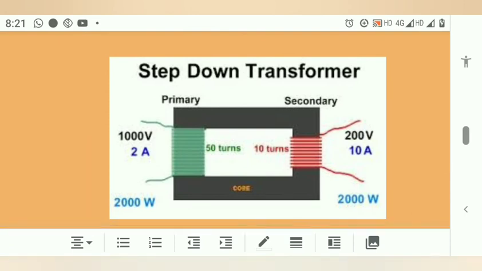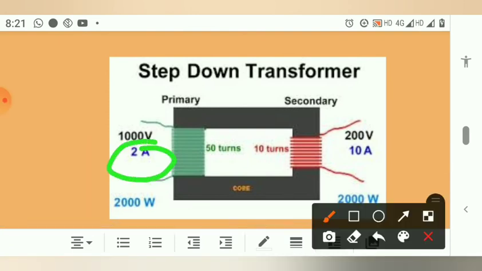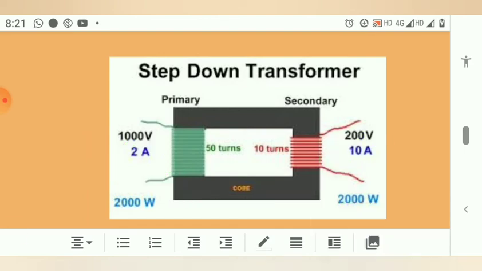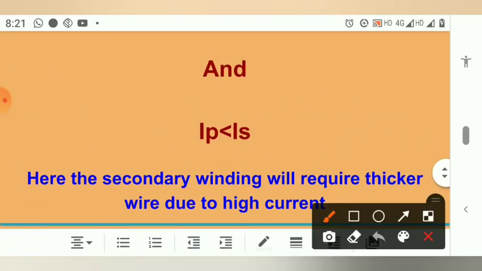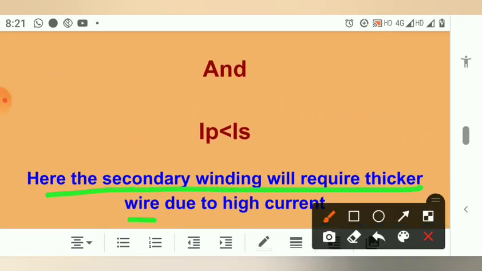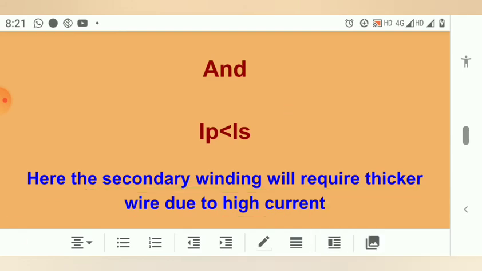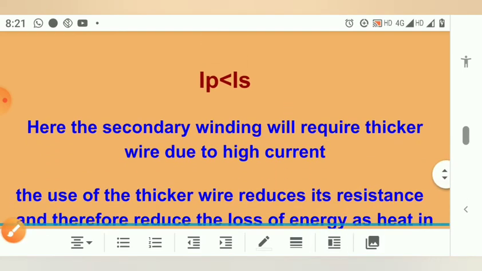The current, 2 ampere, primary has less current, and secondary has more current, okay. Now come here, the secondary winding will require thicker wire due to current.